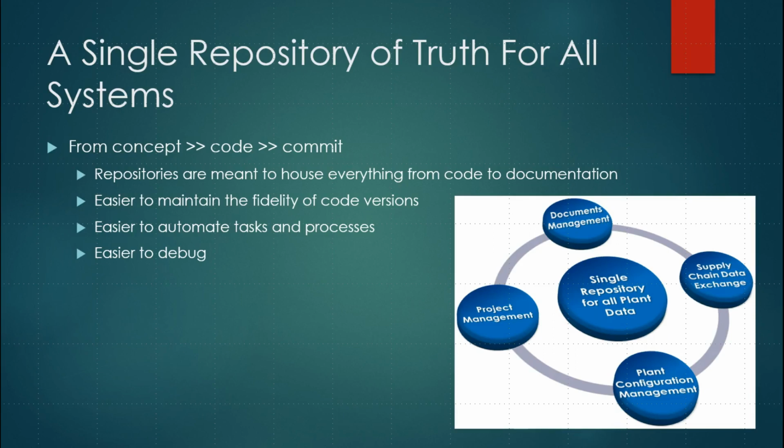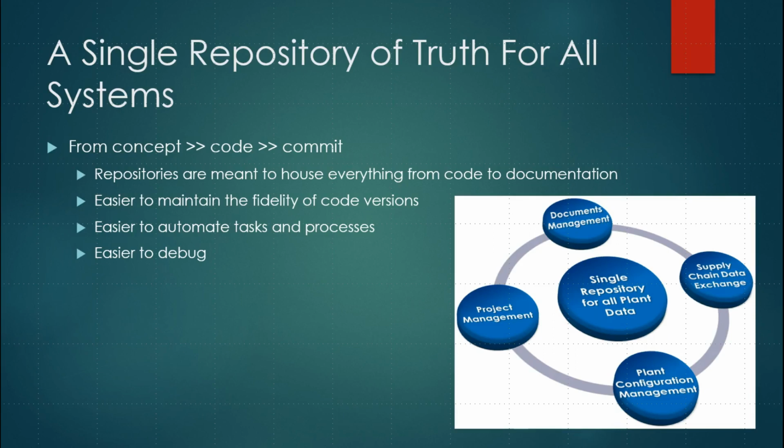When you have a single repository of truth for all systems, it really is easier to maintain the fidelity of the code versions. In the reading, the example of Google and the issues they had with what was in production every time they did a new version: they weren't keeping track of version control, and it really spelled disaster for them.